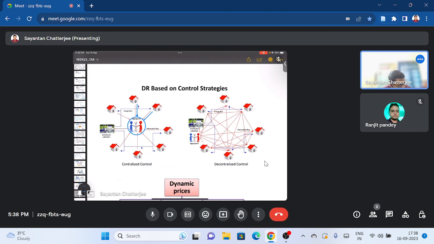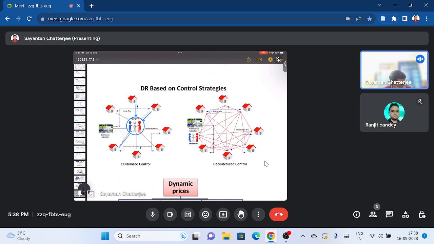Based on every customer's information, that information is given by the aggregators to the distribution system operators or distribution substation controllers. So based on the substation controls, this is a kind of centralized architecture.